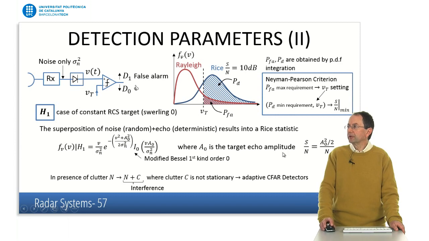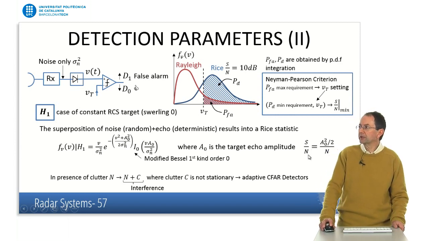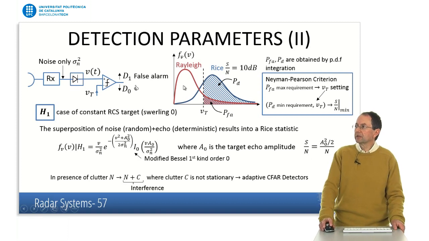The echo amplitude can be related to the signal-to-noise ratio of the radar with this expression here. And this is the shape of the Rice; the lobe gets shifted towards the right.